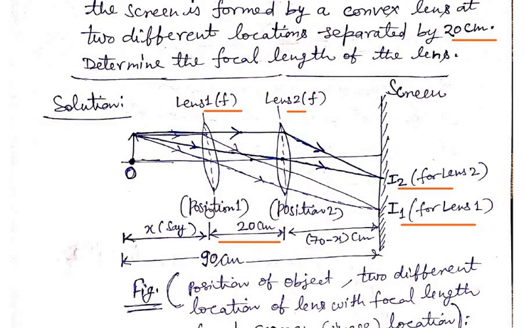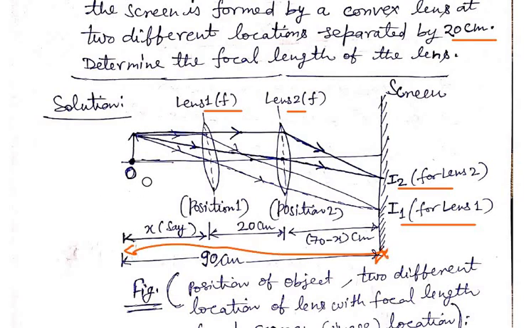If we assume the distance between the object and the first position is x, and the distance between these two positions is 20 centimeter, then the total distance is x plus 20. So the remaining distance will be 70 minus x. Again, you can understand it from the diagram: the distance between object and screen is 90 centimeter.